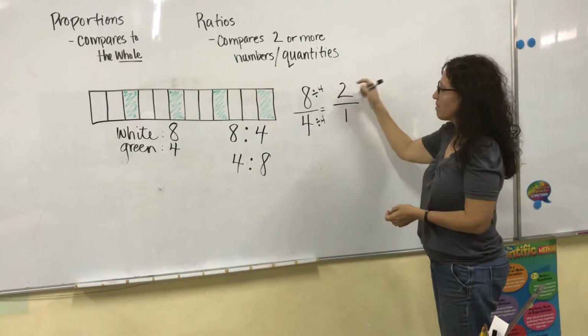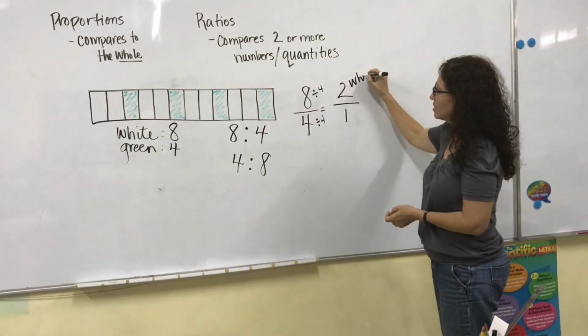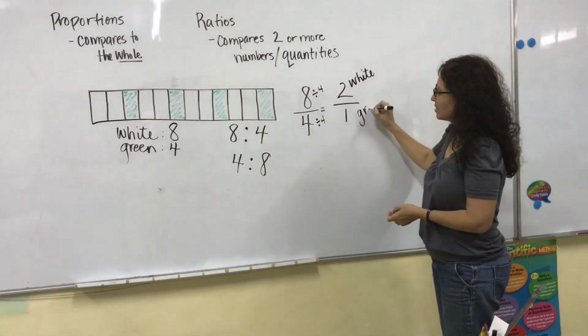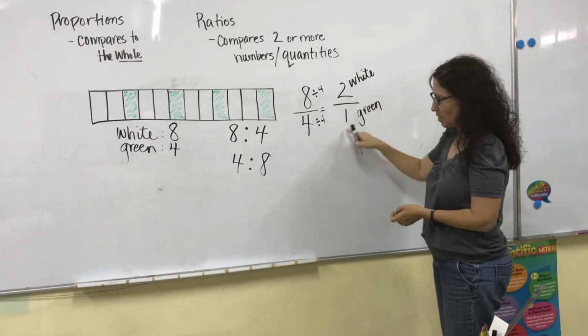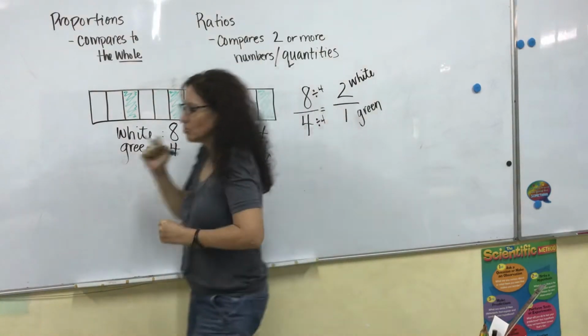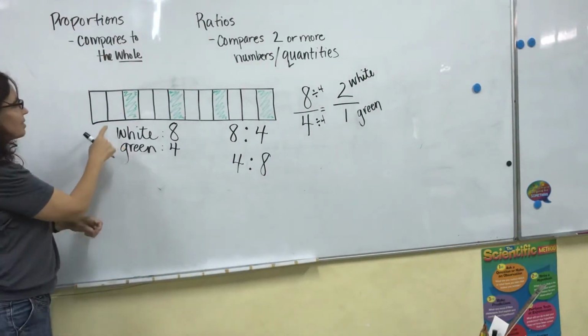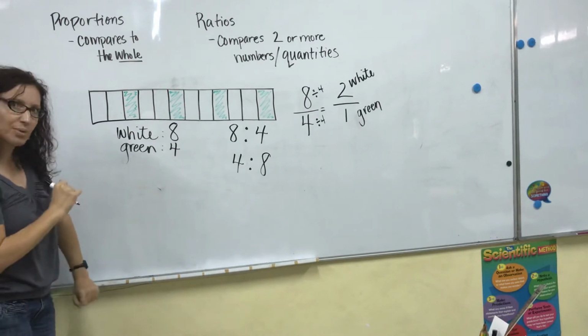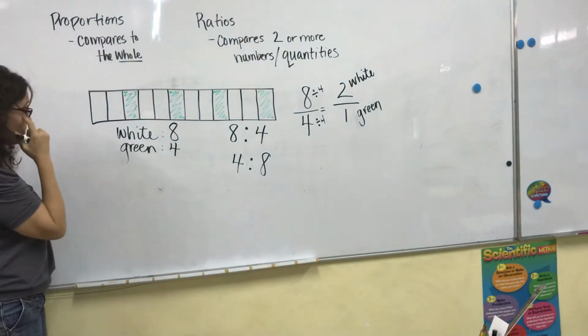Now let's go back and remember this 2 is standing for how many white boxes there were. And this 1 is standing for how many green boxes there were, right? Okay, so let's come back over, track it over here. All right, so it's saying for every 2 white ones, there's 1 green one. Let's check this out.